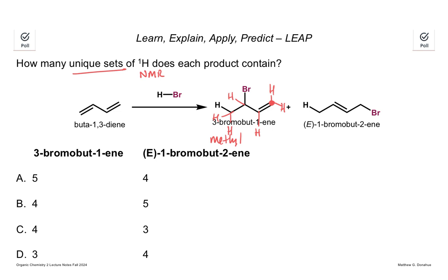Are those the same or are they different? They're both attached to the same carbon, but their relationship to the CH on the prior carbon is different. These are cis, and those are trans, so that makes those two different. If we count, we have 1, 2, 3, 4, 5. That basically eliminates B, C, and D.